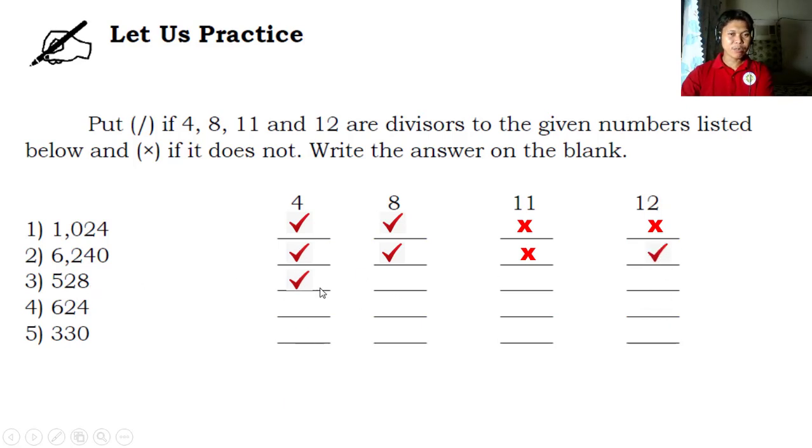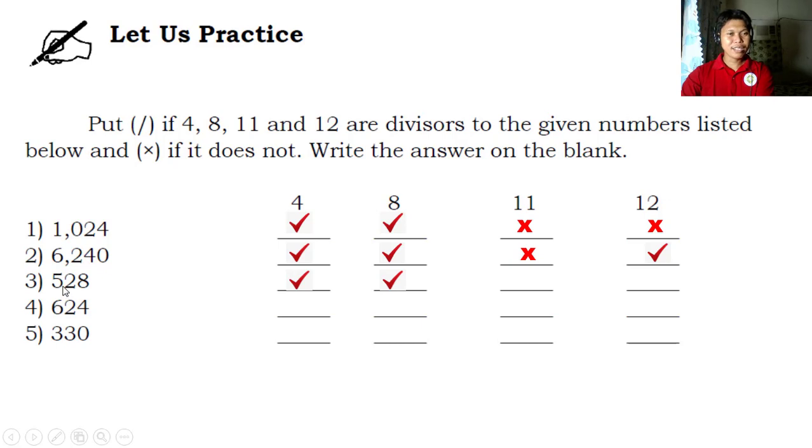528, pwede sa 4 kasi 28 yung last 2 digits. Sa 8, wala tayong choice. Apply natin yung technique na tinuro ko. Ang pinakamalapit is 48. Tapos may remainder na 4. Tapos idagdag natin ang 4 sa 8 combine. So 48, ganun. Pwede.